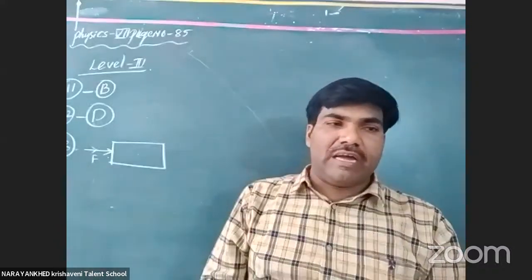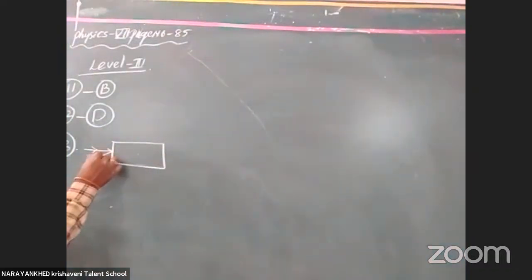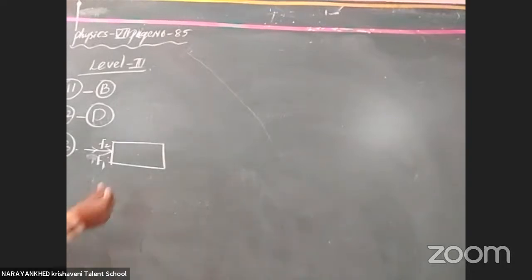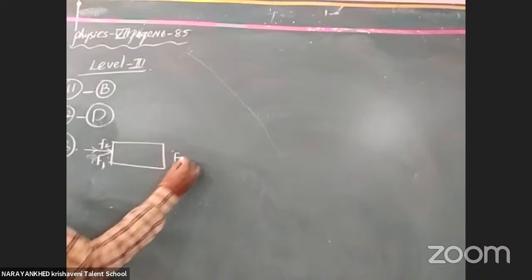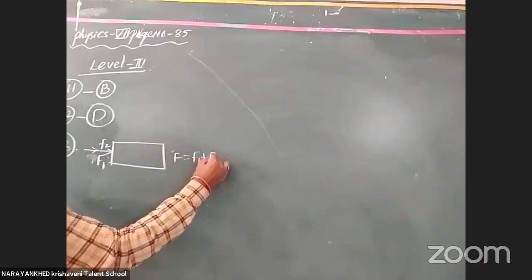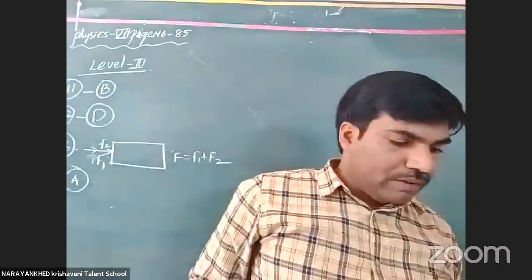On this point F1 is working as well as F2. The resultant is F equals F1 plus F2. The answer is A. Next, the 14th question.